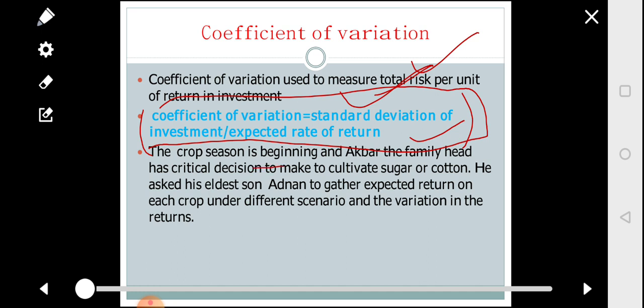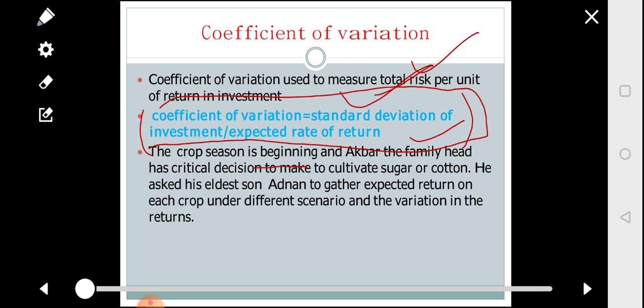In the beginning of crop season, Akbar, the head of the family, has to make a critical decision whether to cultivate sugarcane or cotton. At the beginning of crop season, we always think about what to cultivate in our field, which will be beneficial, which has low risk, which has high risk, which has more return, which has less return.